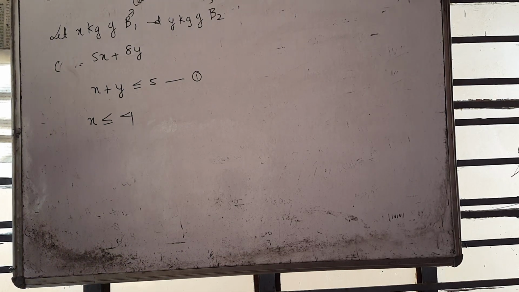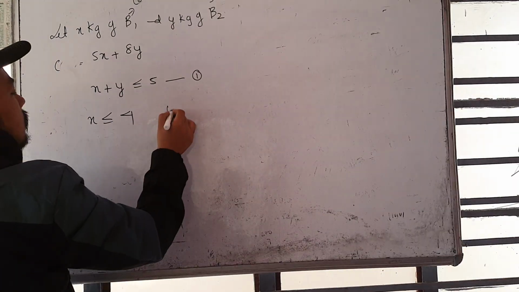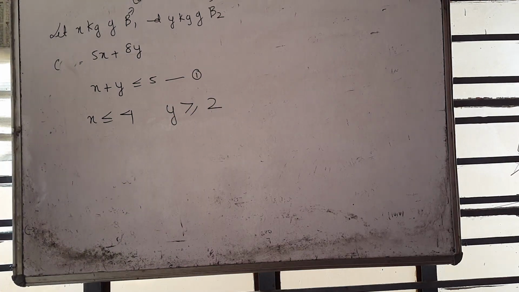Is it clear? And a minimum of 2 kgs of B2. That means the minimum sand that should be in the brick must be 2 kgs. So sand is Y now. Minimum means what? Greater than or equal to 2.